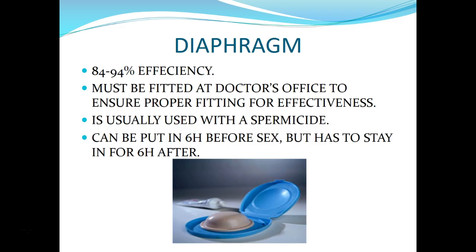It's usually used with a spermicide, and it can be put in 6 hours before sex, but it has to stay in for at least 6 hours after sex, to make sure there are no little sperm that get up in there. People who are not a good candidate for the diaphragm are people who have a history of toxic shock syndrome. These people cannot use a diaphragm if they have a history of that.